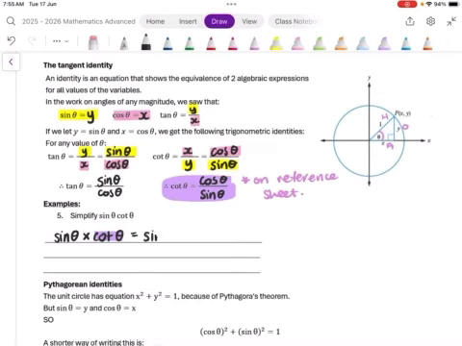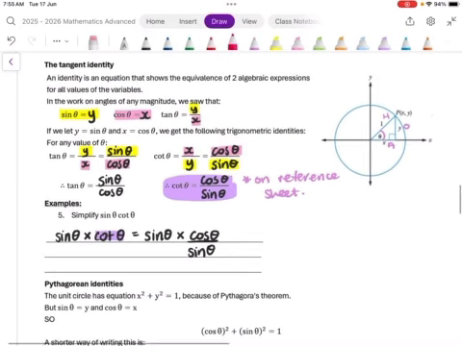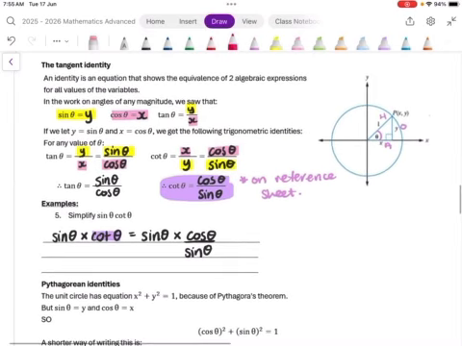So what that means is we'll have sine theta times cos theta over sine theta. Now this first sine theta is over 1, and what we can do is we can cross cancel. So anything on the numerator that is the same as the denominator cancels out, leaving us with that this is just equivalent to cos theta.